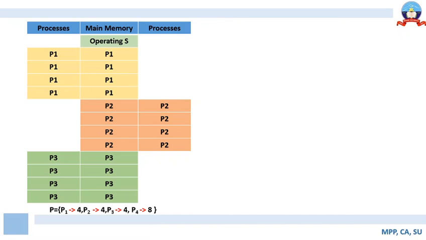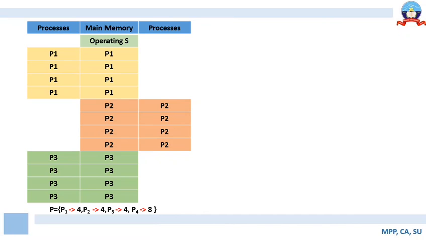Now let us try to understand paging with the help of an example. So let us consider there are four competing processes, P1, P2, P3, P4. P1, P2, P3 require 4 pages, whereas P4 requires 8 pages. So there are 4 user initiated processes in addition to the operating system, that are P1, P2, P3, P4, requesting for 4, 4, 4 and 8 pages respectively.